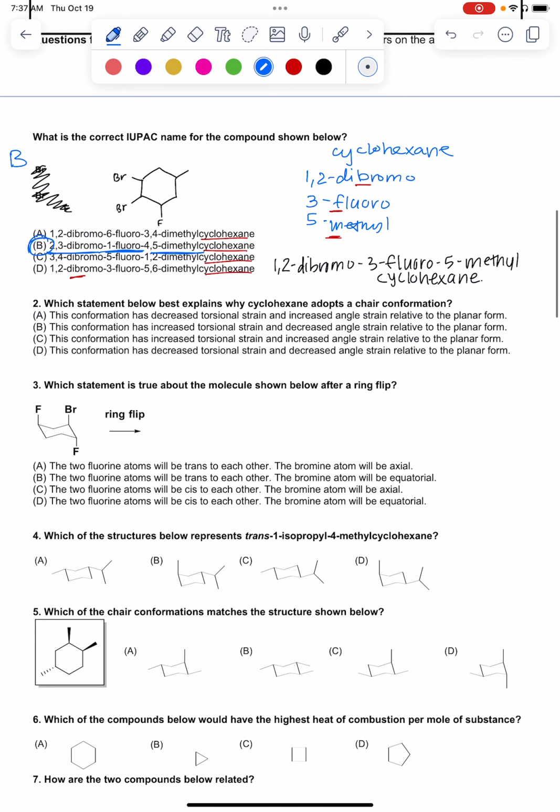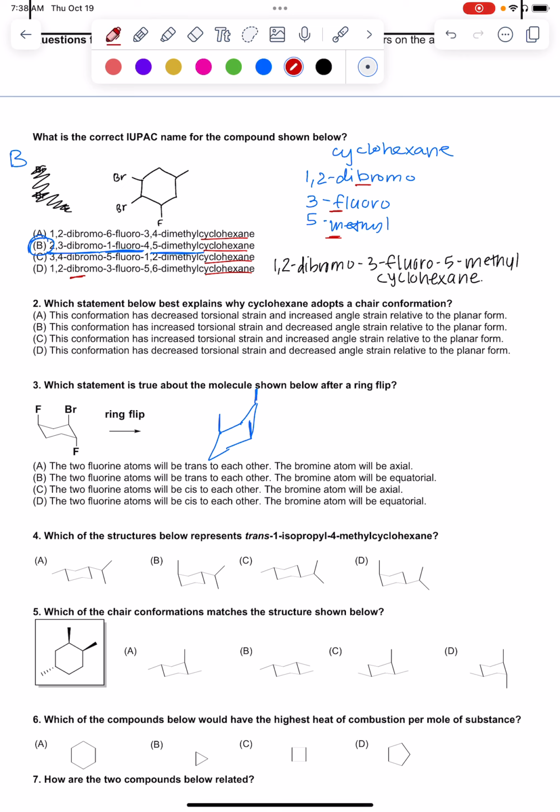All right, when we go to the next one, we say, which statement below explains why cyclohexane adopts a chair conformation? Well, here's a cyclohexane down here. Remember that we were talking about how cyclohexane has steric strain because you've got your 1, 3, and 5 interactions. They're all interacting.